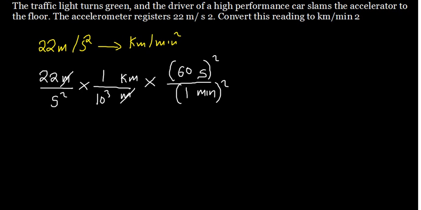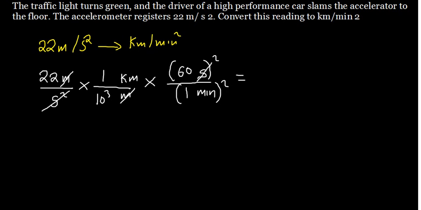So if it was cubed, you put everything in brackets, you cube. Please, not just the unit, also the number. So if I square 60, that is going to be 3600, is it? 60 times 60, 3600. And then if I square a second, it will be second squared. So that second squared now cancels with the second squared down here.